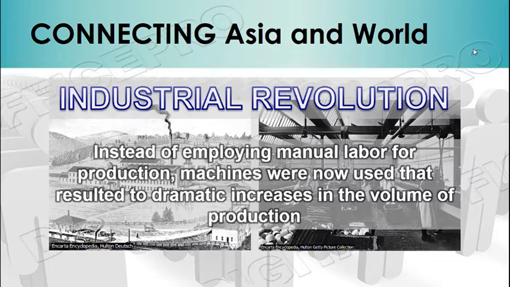So, nagkaroon na ng mga machines, no? Yun yung siguro maaring nag-trigger din kung bakit mas lumakas yung konsepto ng imperialismo, hindi lang siguro sa Asia, pero pati sa bahagi ng Nuevo Mundo, the New World, and even in Africa.